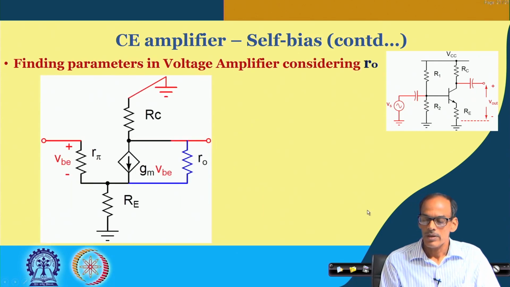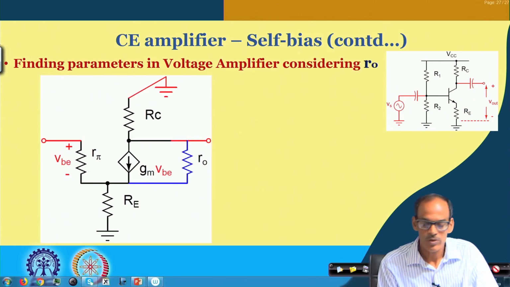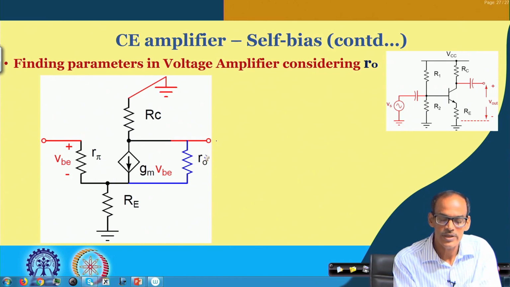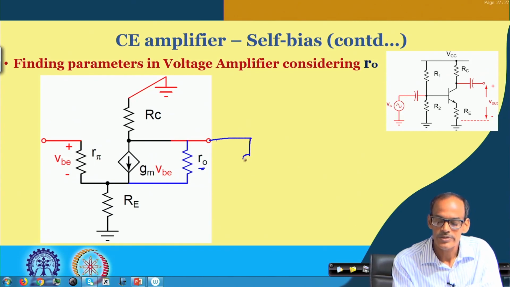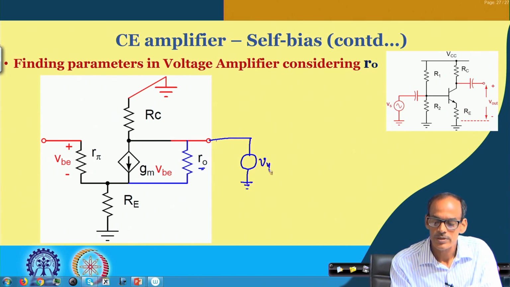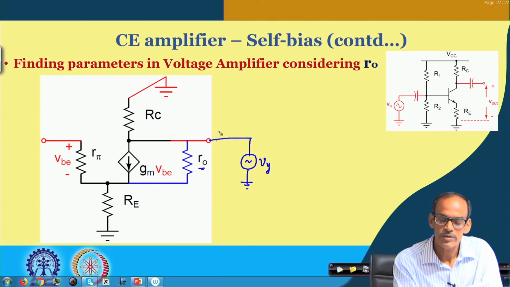Yes. Here again, to find the output resistance in presence of Ro, we will be stimulating this circuit by say Vy, and then observing this Iy.